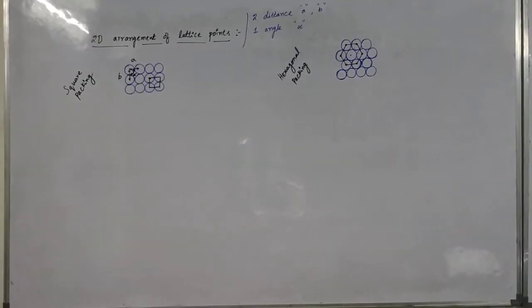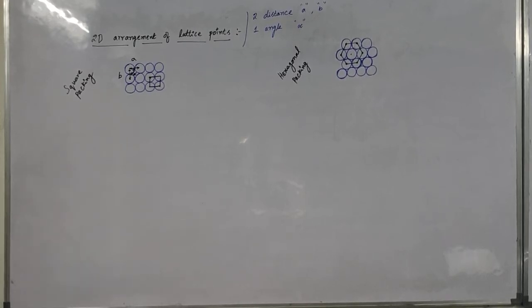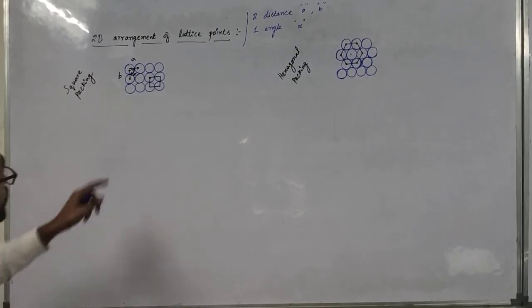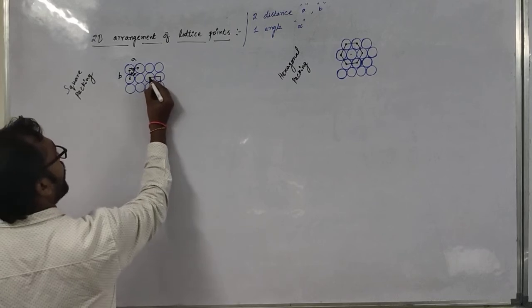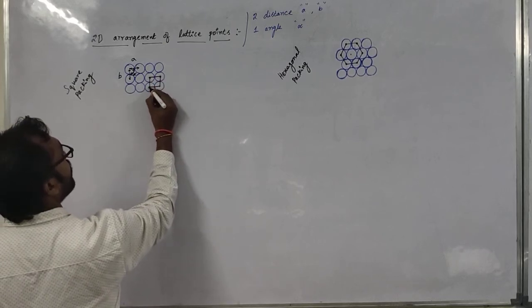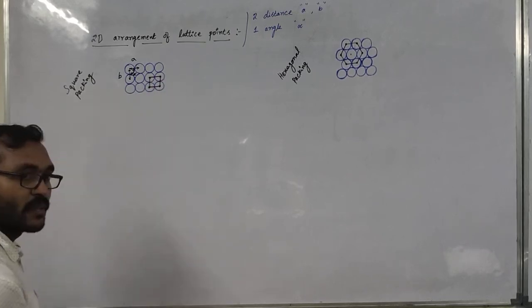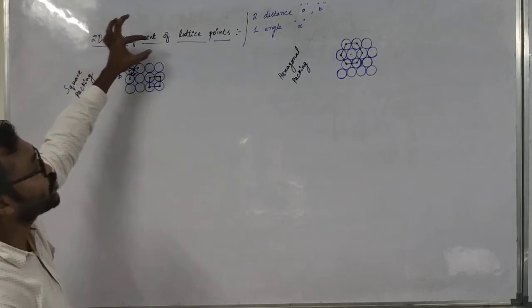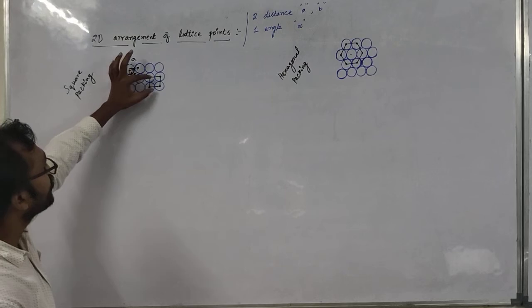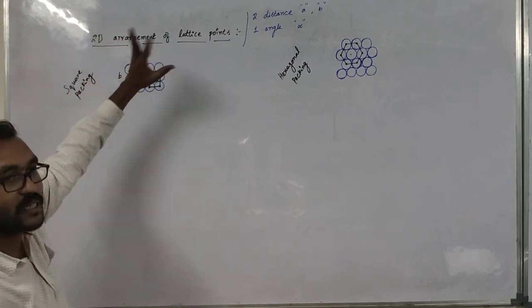Now, let me make some discussion about the packing efficiency, what the unit cell is, and so on. If I consider a square as the unit cell, what is my unit cell? Repetition of this square constructs the total lattice.